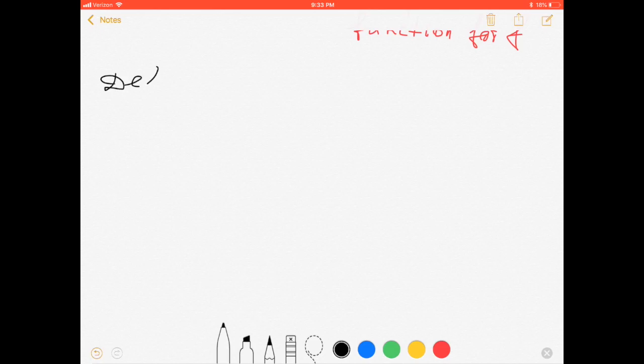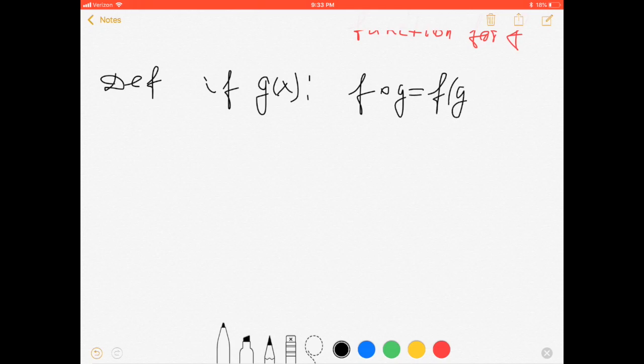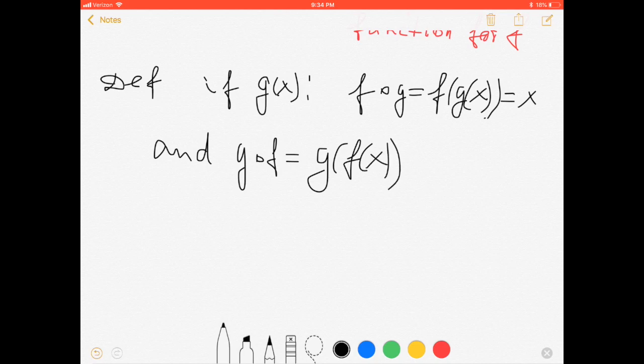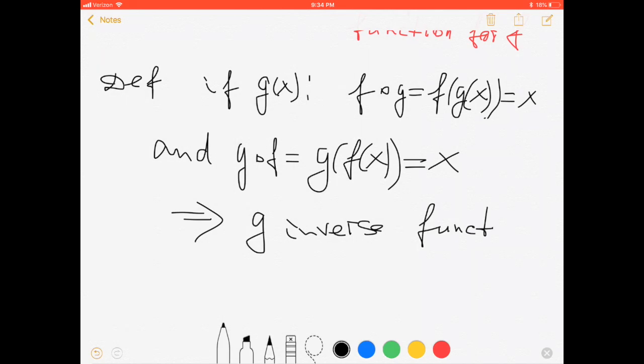Definition: if functions f and g satisfy f composite g, which means f of g(x), equals x, and g composite f, which means g of f(x), also equals x, then we call g the inverse function for f, and use the symbol g equals f negative 1.